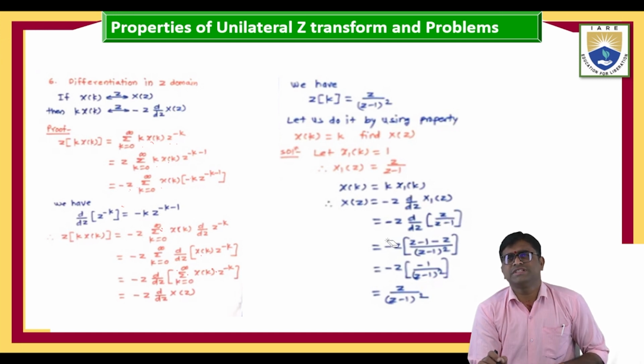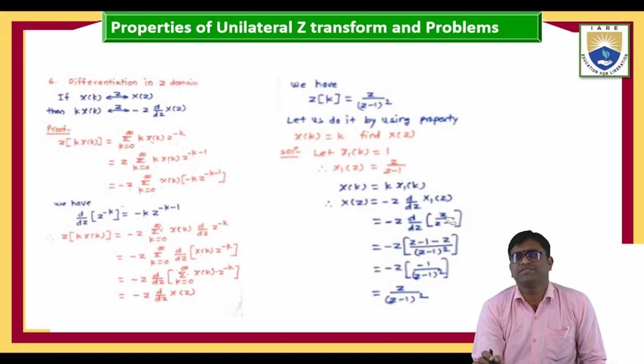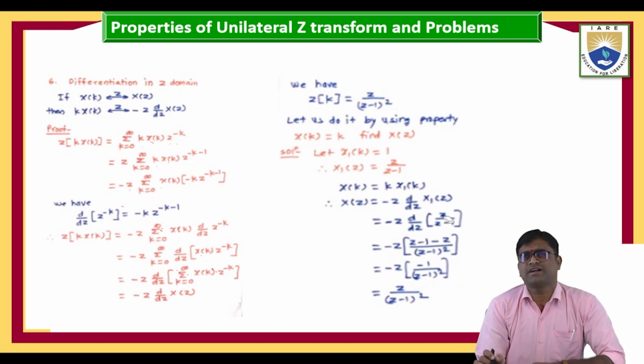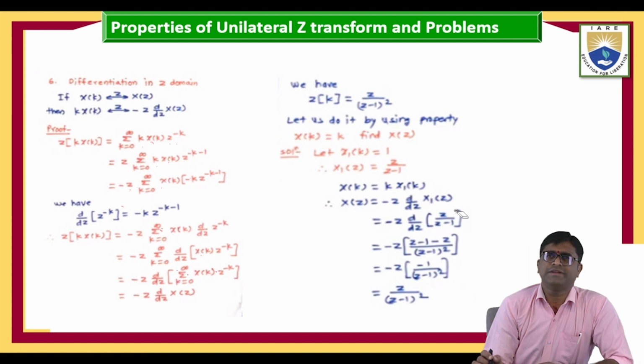After differentiation with respect to z, the denominator is z minus 1 whole square, and the numerator uses the division method. So z minus 1 into the derivative of z, which is 1, minus z into the derivative of z minus 1, that is z.